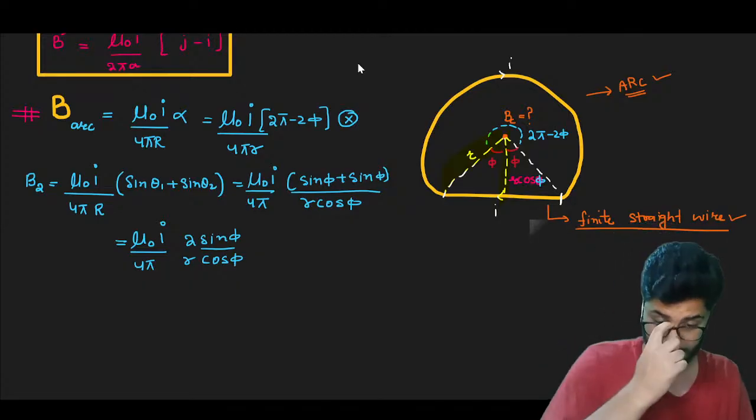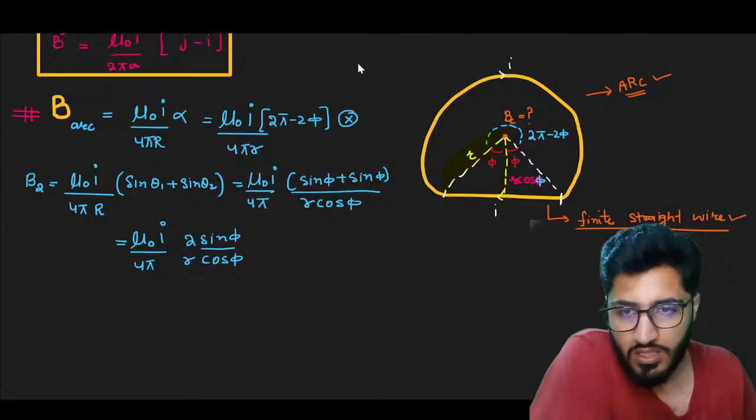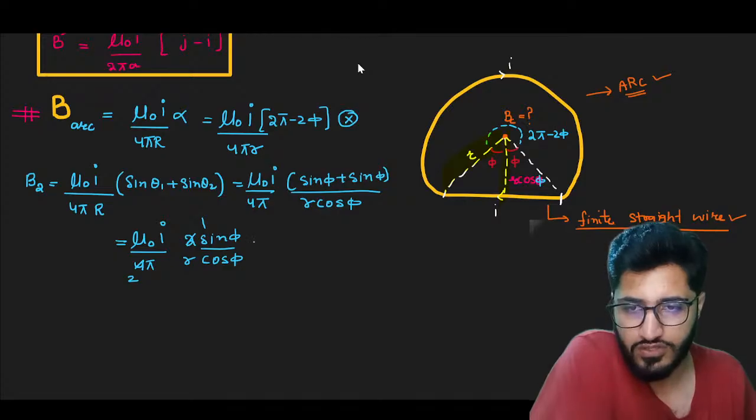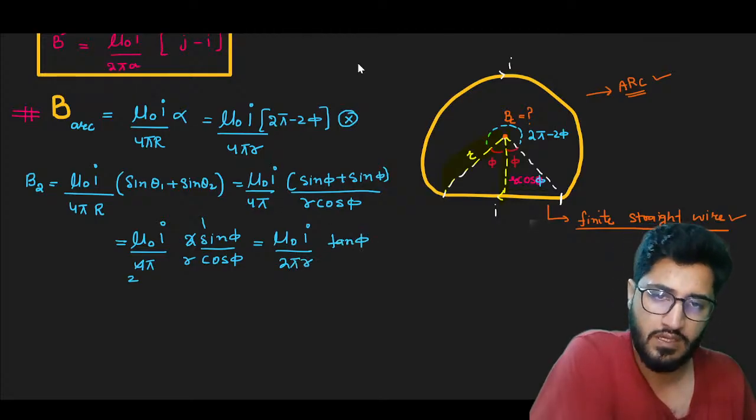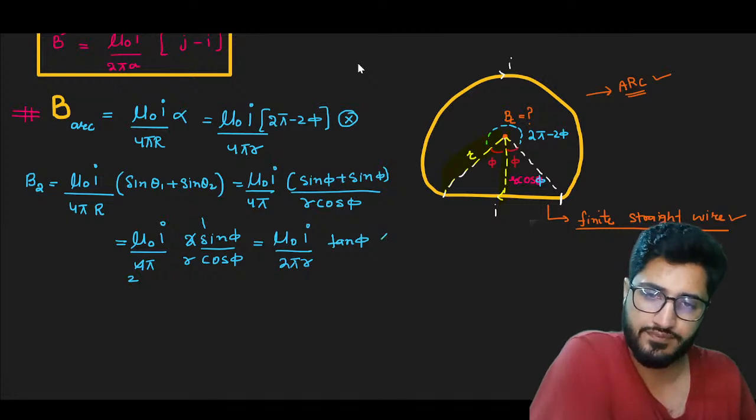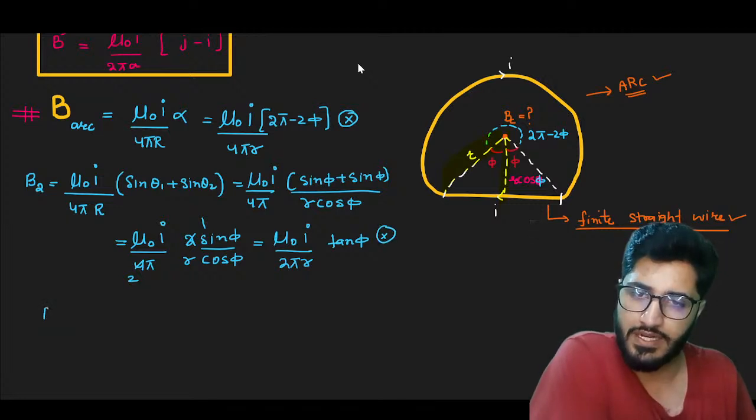Done. Okay. Now what can I do from here? 2 to the 4. Sine by cos is tan. So I can write mu naught I divided by 2 pi r tan phi. It will also be inward. And what is B net now?